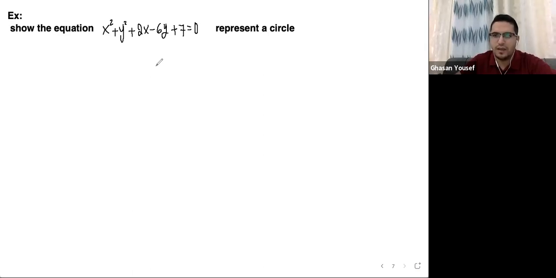Also, you combine the y variable together, and all numbers, you move to the other side. Again, you combine the x variable together, x squared and 2x. You combine the y together, and all numbers move to the other side.